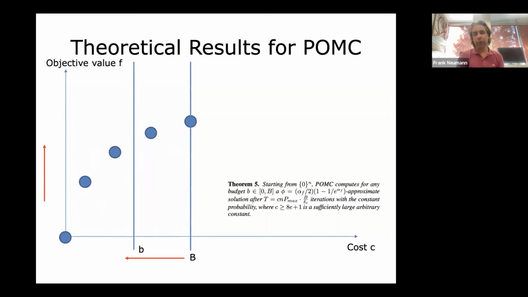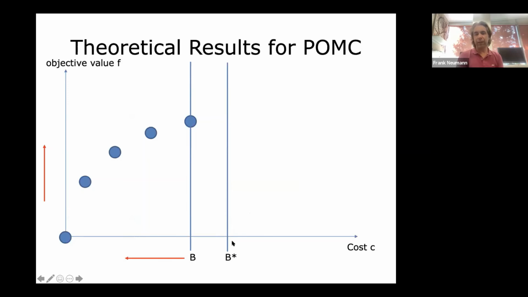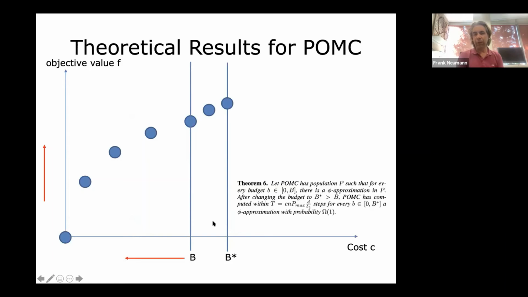So if you would make dynamic changes now, decreasing the bound, for example, you would already have a good approximation for that newly given bound. And if you would increase your bound, then for any possible bound in between that you could pick, you would also recompute a good approximation.